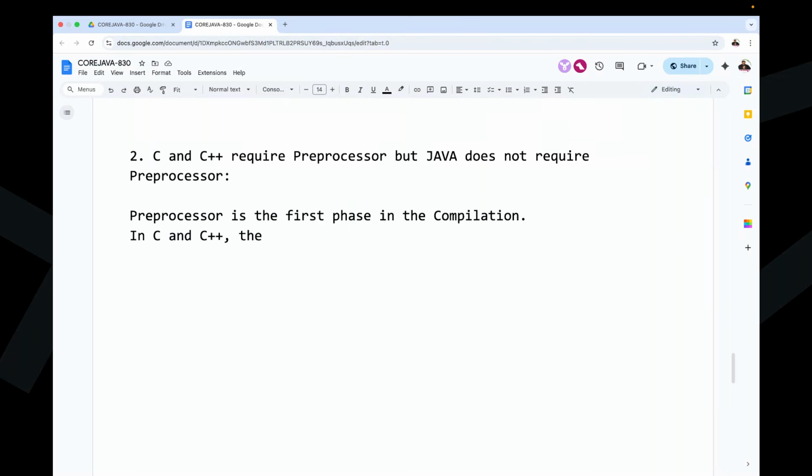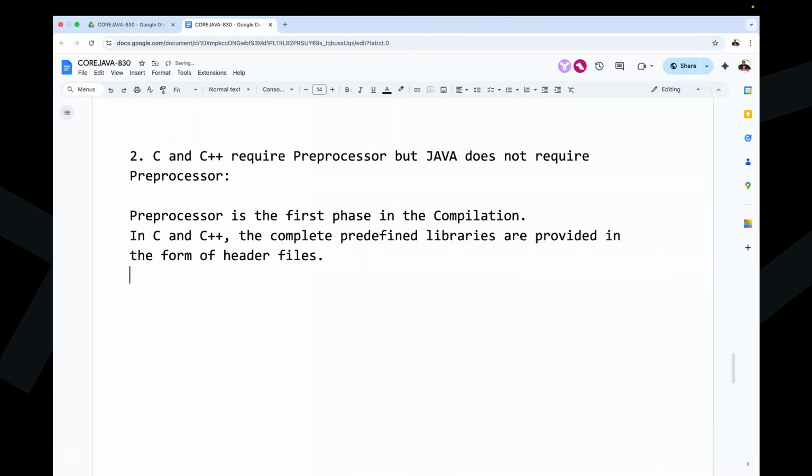In C and C++, the complete predefined libraries are provided in the form of header files. Am I right or not? Please confirm, guys. As you already know C and C++ a little bit, you have to confirm that they are provided in the form of header files.